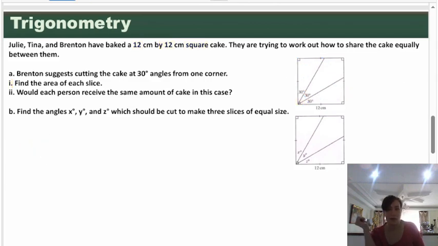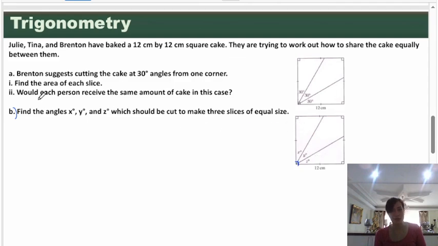For part B, it says find the angles X, Y, and Z, which should be cut to make their slices of equal size. That means I have to find the angles here. We know they are complementary angles, because they add up to 90.